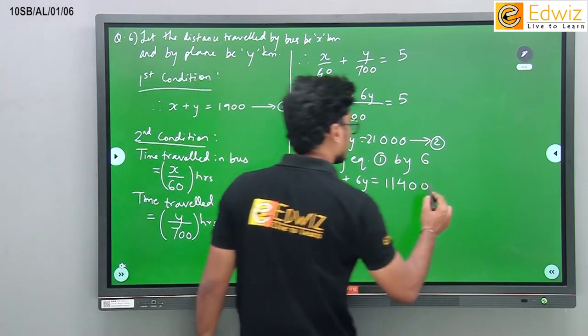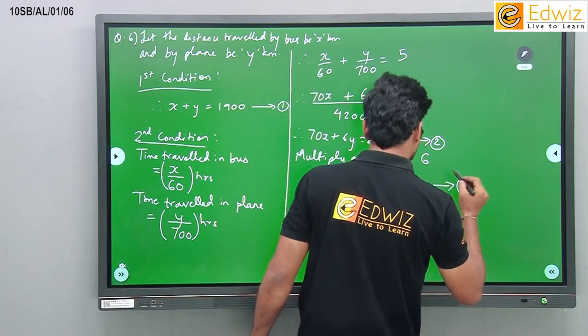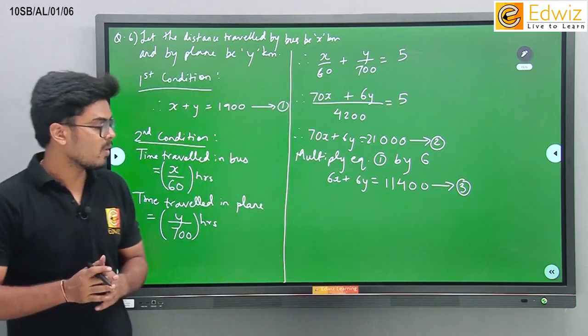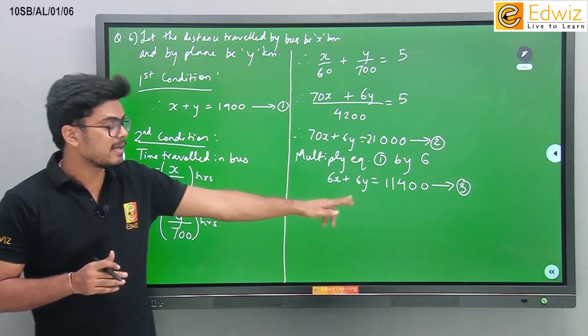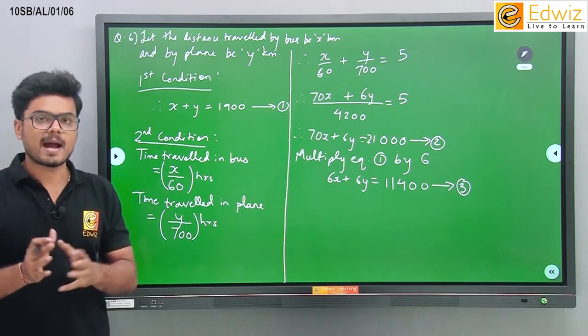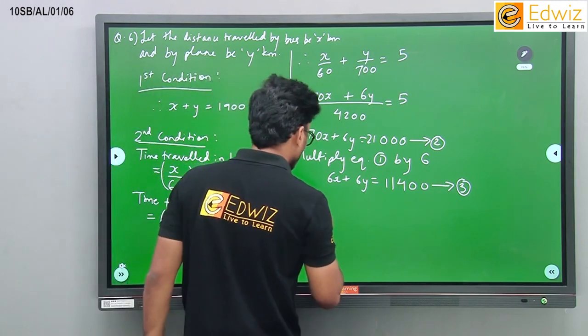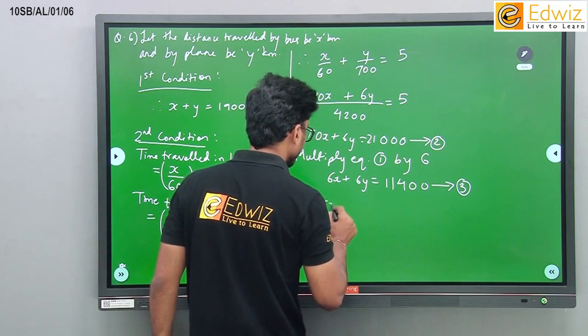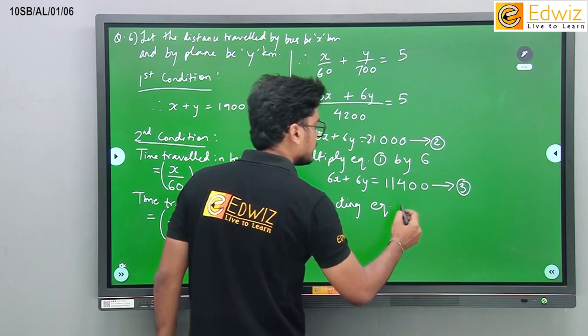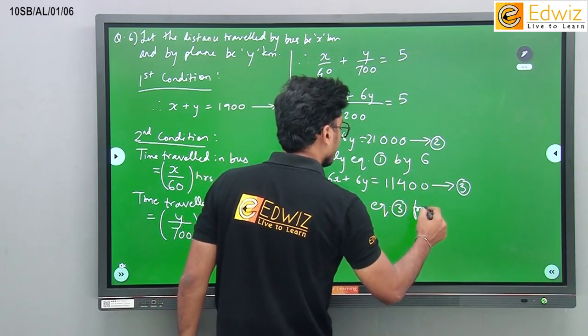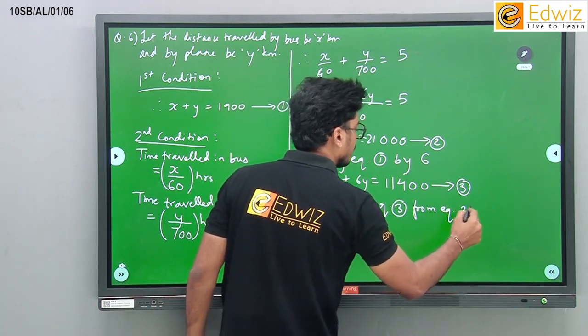This will be my equation number 3. Okay, we'll be solving equation number 2 and 3. So if we want to eliminate y, what we will do? Subtract these two equations. So subtracting equation number 3 from equation number 2.